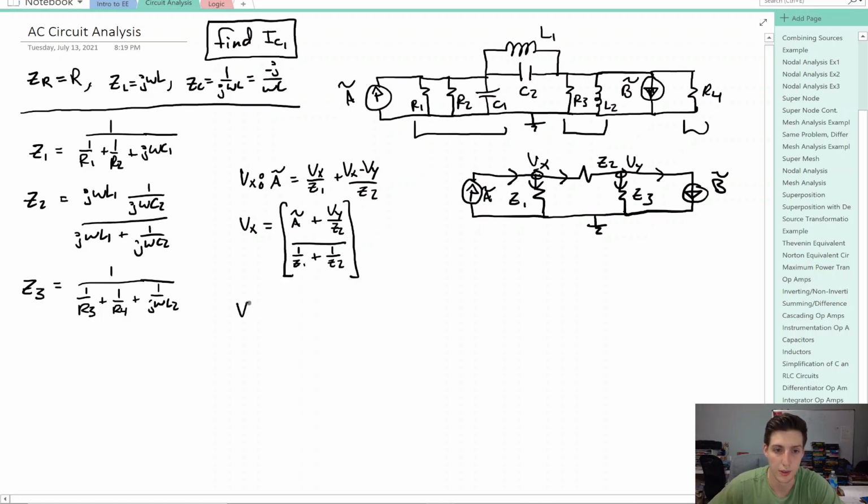Now, to solve for Vy, we simply say that going into that node, we have Vx minus Vy over Z2.